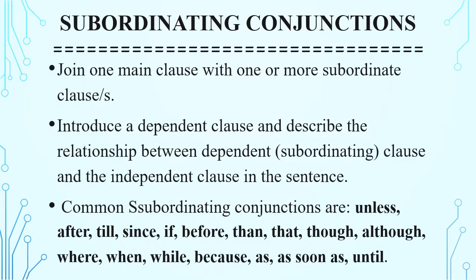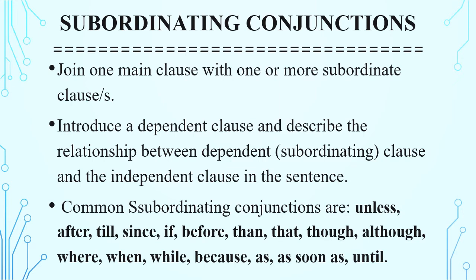Now let's see subordinating conjunctions. Subordinating conjunctions join one main clause with one or more subordinate clauses. Please note that a main clause is also called an independent or primary clause.